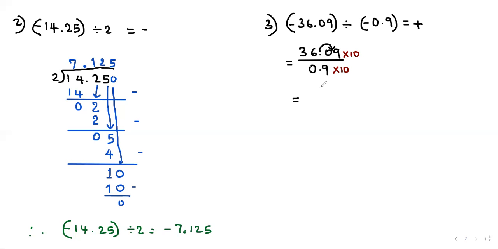What do we get? 360, right? 360 out of 9. Is it okay, everyone? Okay. Now we can divide.